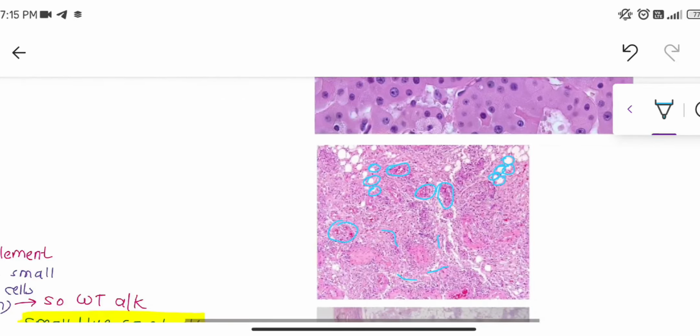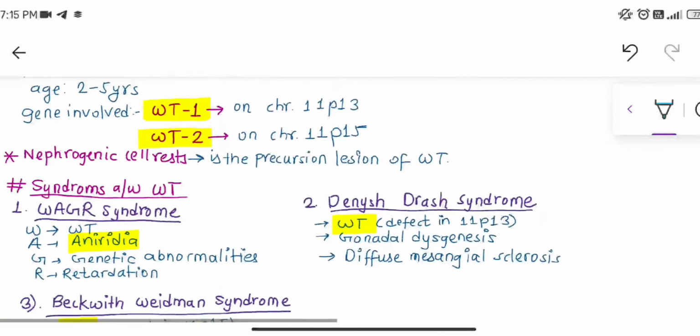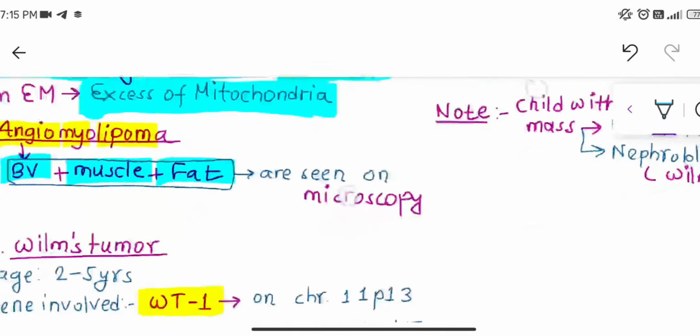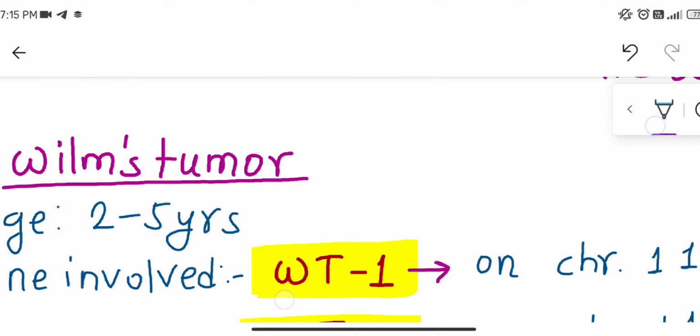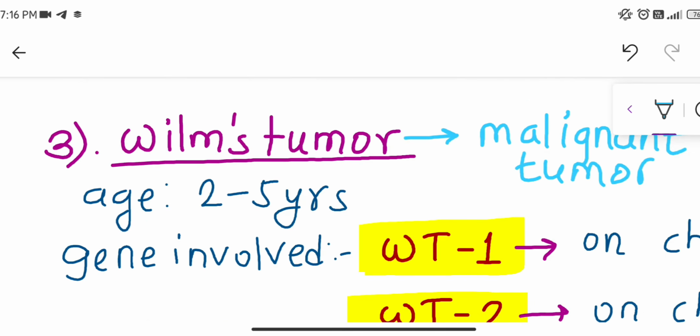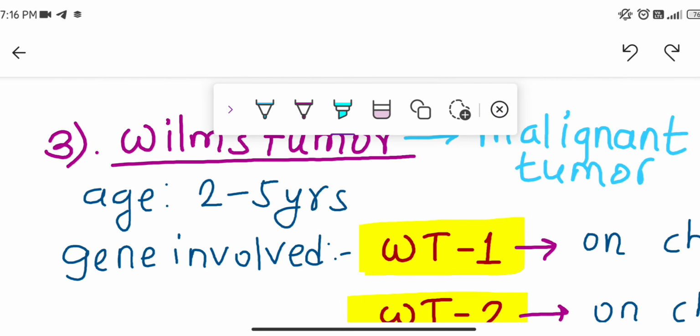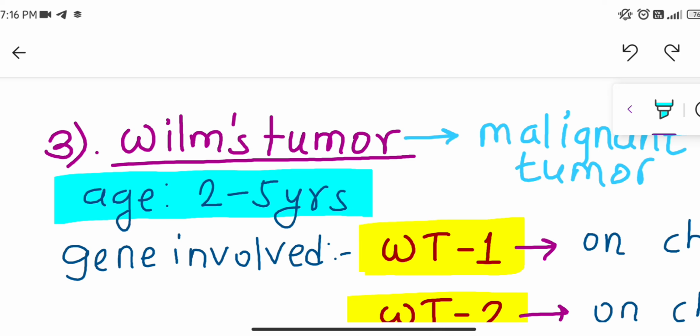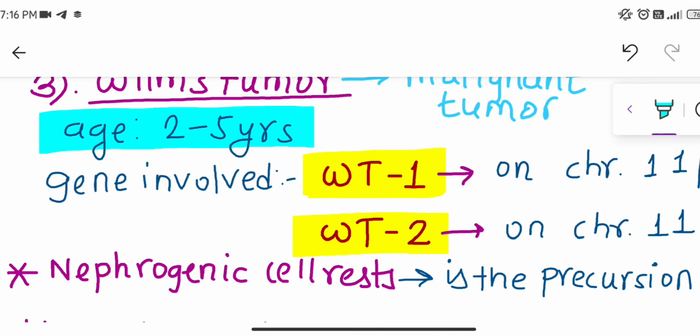Next topic that we are going to discuss is Wilms tumor, which is a malignant tumor. I have already told you that this Wilms tumor is malignant. It occurs in childhood, in the age group of 2 to 5 years. Now, what gene gets mutated for any tumor to occur?